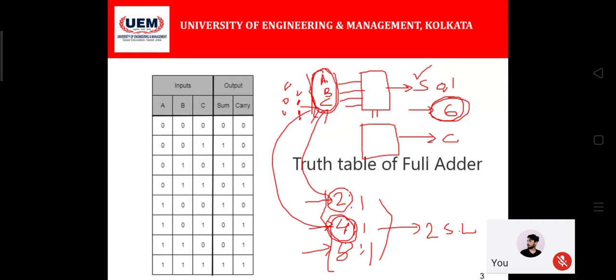To do that, we take the approach of understanding the truth table of a full adder again. Like the last class, we will find out which one is changing the least number of times in our truth table. Sir, in the truth table of the full adder, the output is also 2.